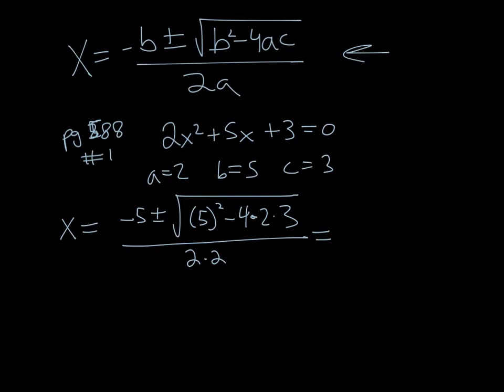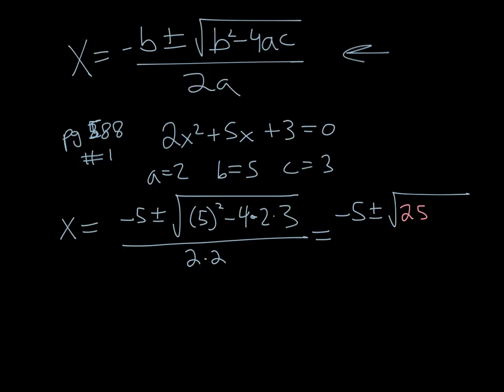So I have to start with the stuff in the square root. That's what I want to simplify first. So I leave the negative 5 plus or minus, but on the inside of the square root, 5 squared is 25, and then minus 4 times 2 times 3.